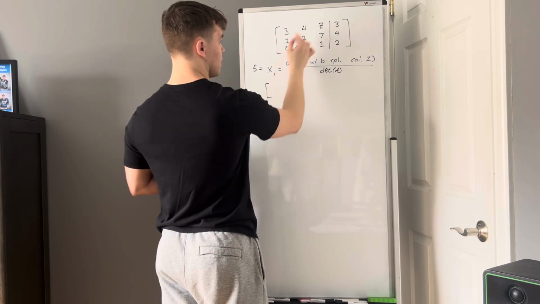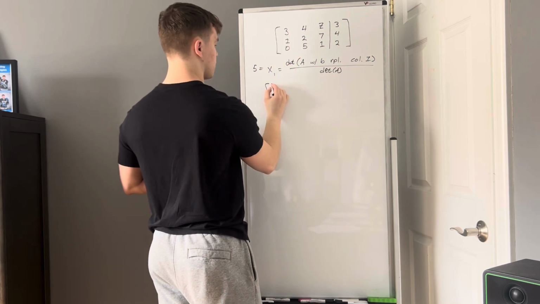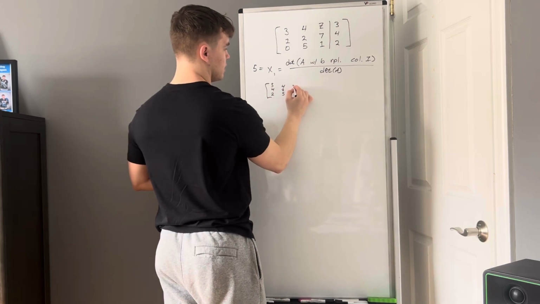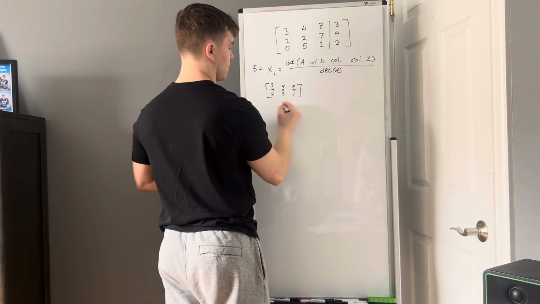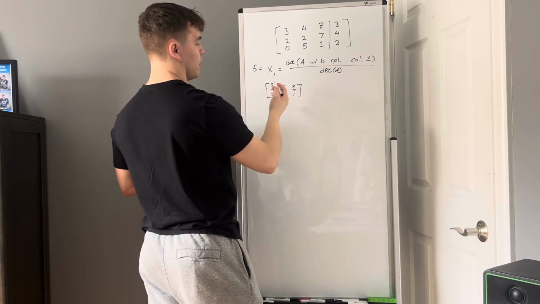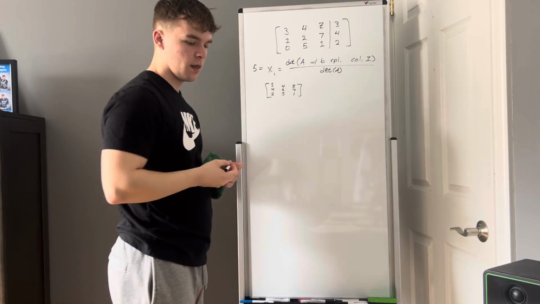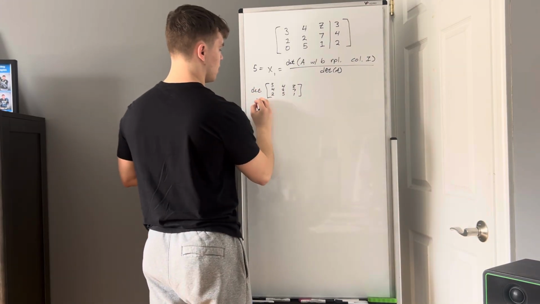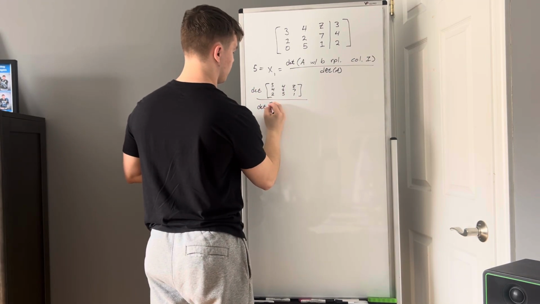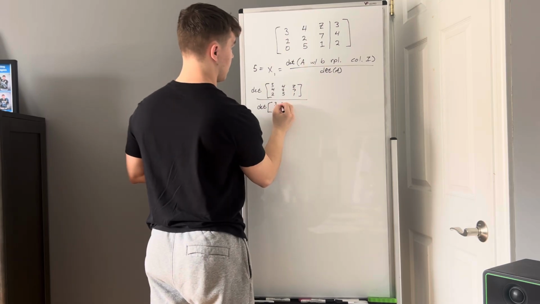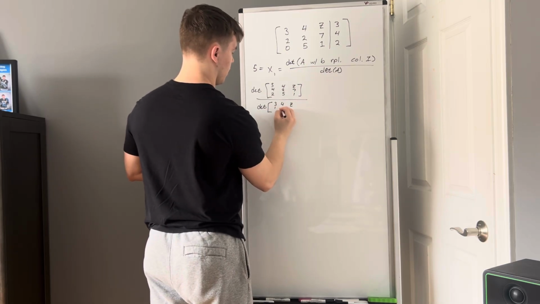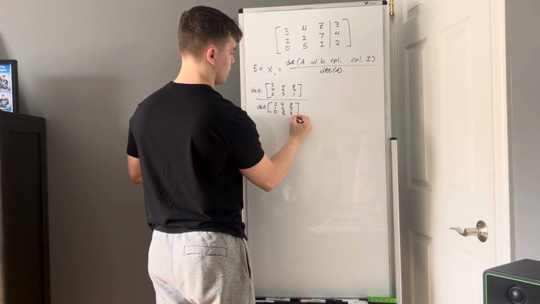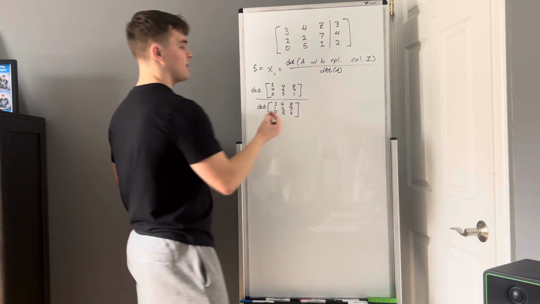We're bringing this over here, so we have 3, 4, 2, 4, 2, 5, Z, 7, 1. And our regular A is, of course, this. So we take the determinant of this divided by the determinant of this, 3, 4, Z, 1, 2, 7, 0, 5, 1, and we set that equal to 5.